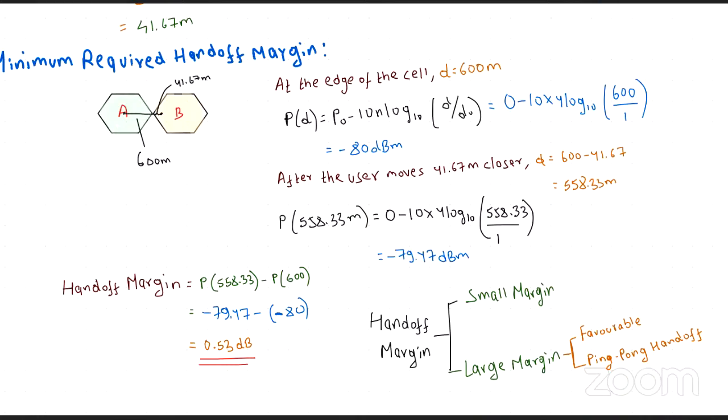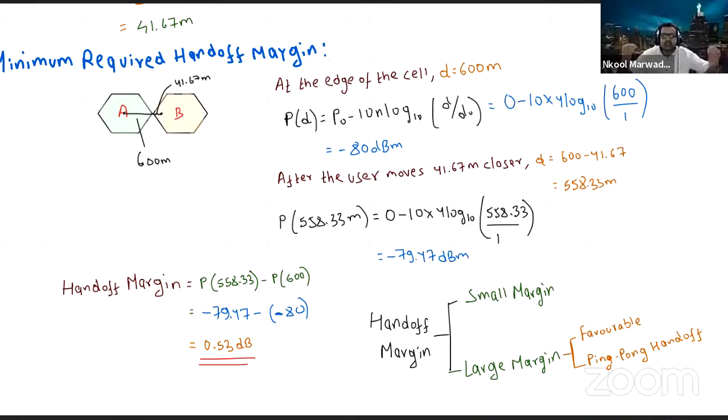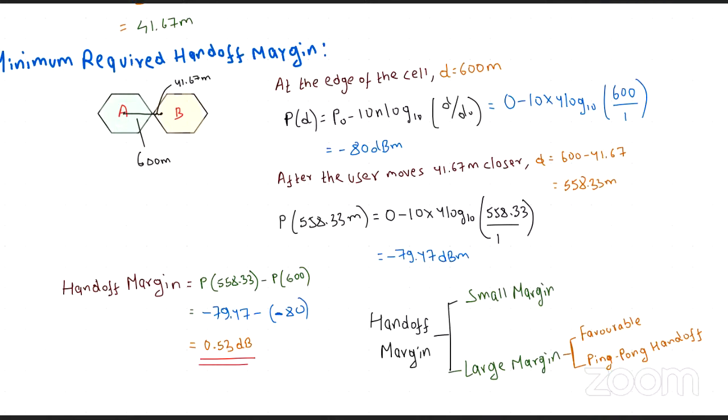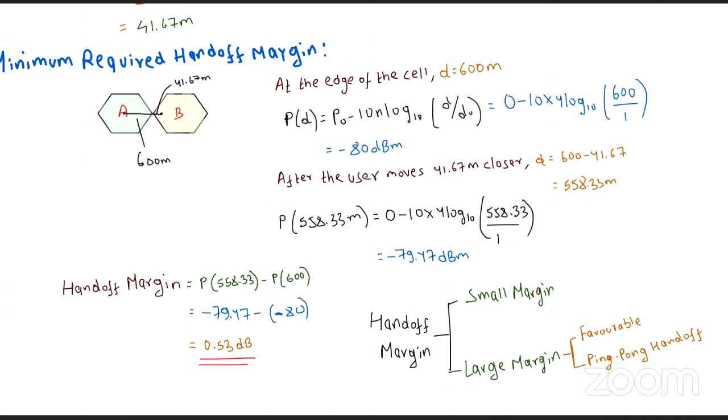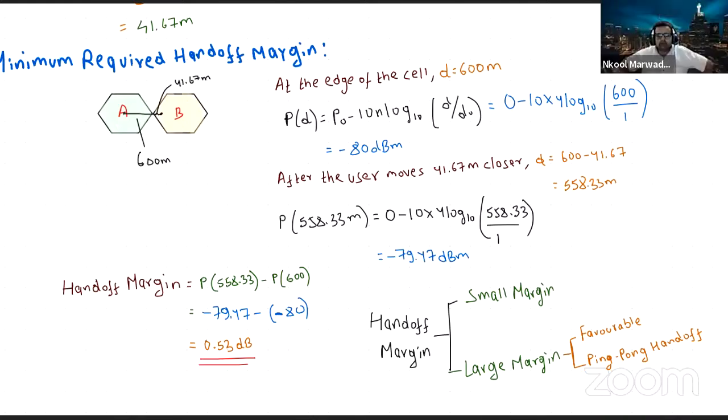Then it is attracted to the higher power, so it will get attracted towards B and the handoff will be initiated.